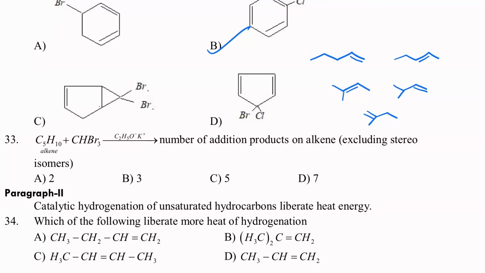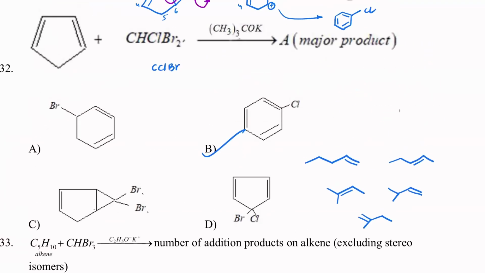On all of these double bonds, I can make an addition of those compounds. So if I make an addition here, what are all the products you can get? You'll get this as C, Cl and Br like this. We can get the same thing here also: C, Cl and Br. Same way here also.